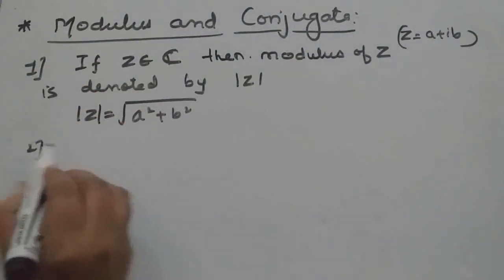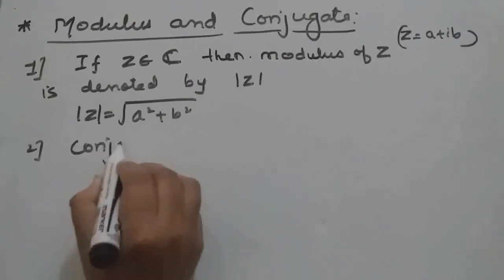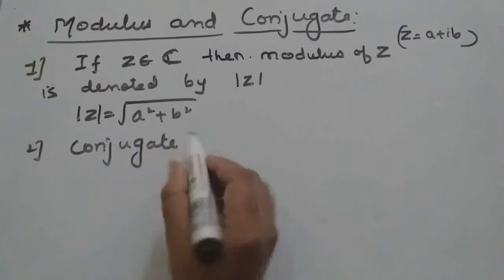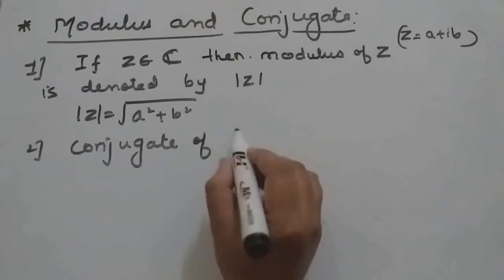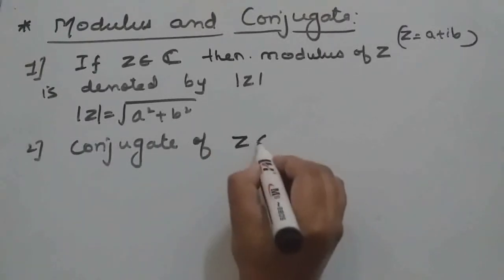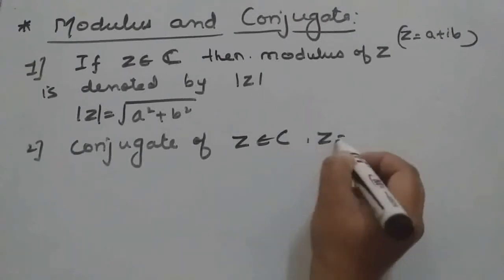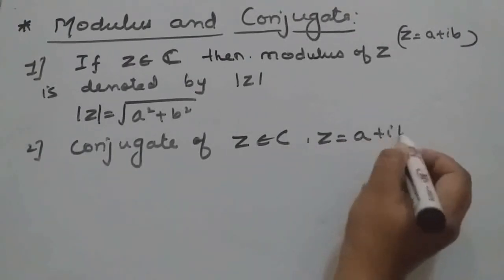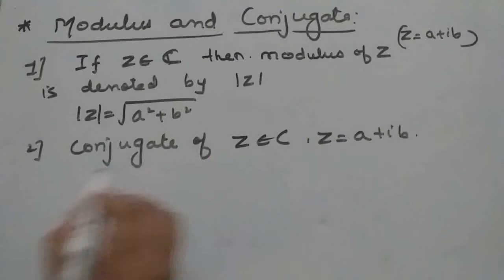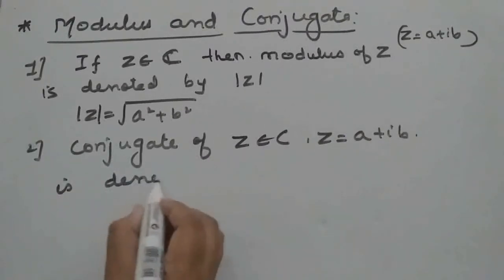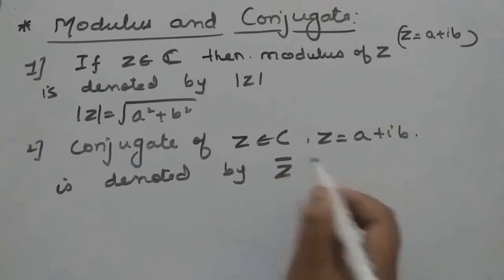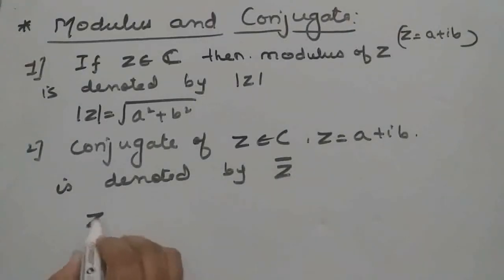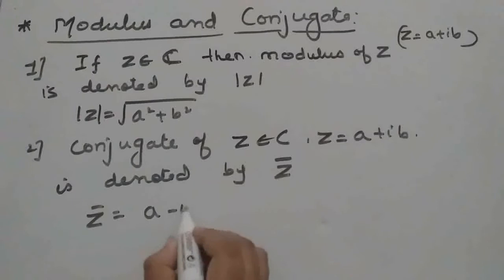Now about conjugate. The conjugate of a complex number z, where z is equal to a plus ib, is denoted by z bar, and it is equal to a minus ib.